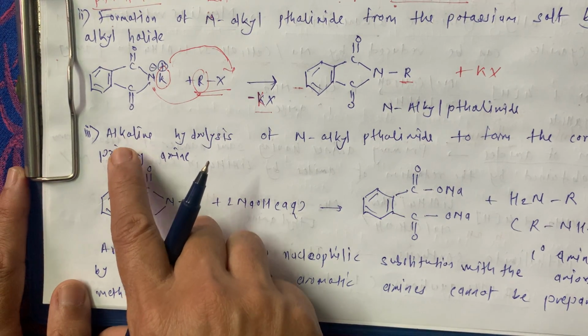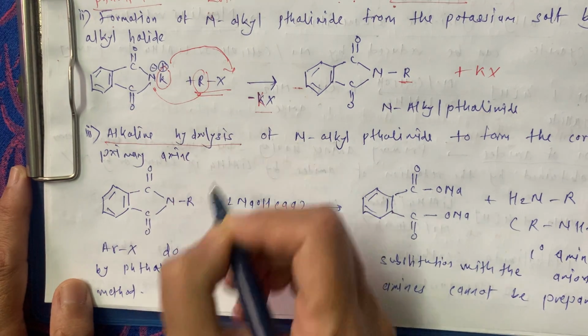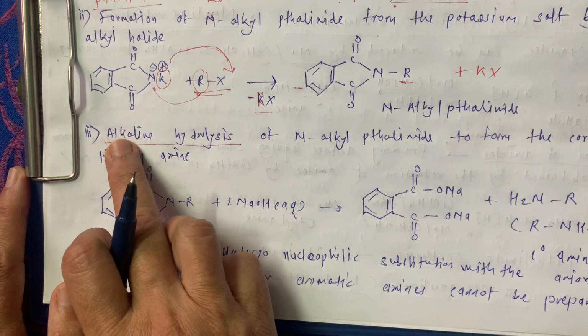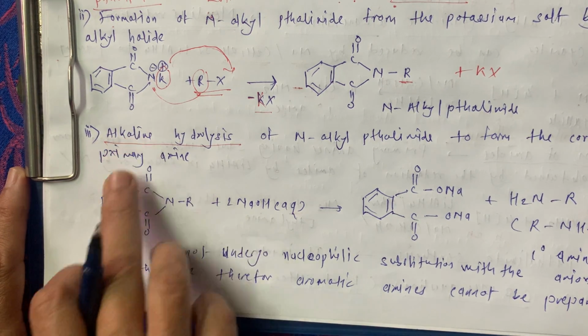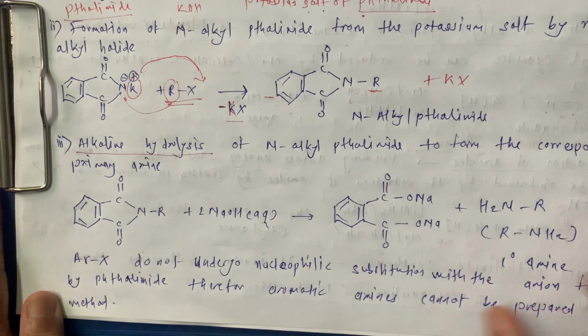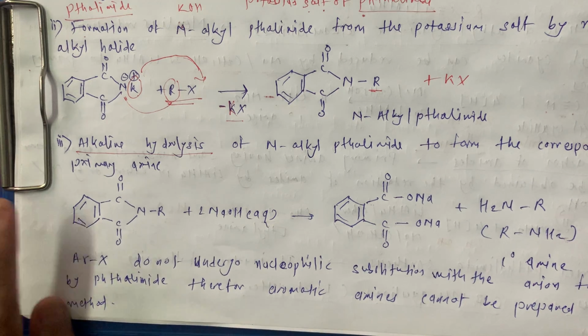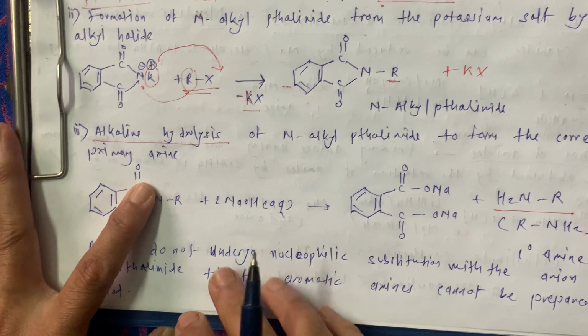Now what is the next step? That is the third step or third stage: alkaline hydrolysis. Alkaline means it is NaOH or KOH we use for hydrolysis. That is alkaline hydrolysis of N-alkyl phthalimide to form the corresponding primary amine. Okay, what is that?